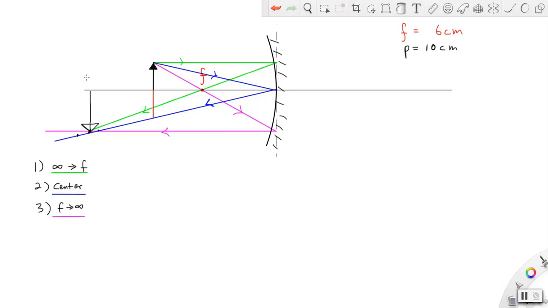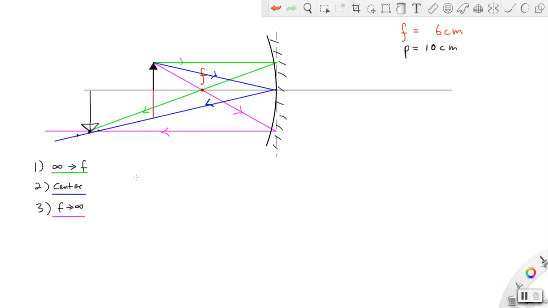Does it have a magnification of greater than 1 or less than 1? So it has a magnification of greater than 1. It is inverted. And is it virtual or real? In this case, since the rays are actually meeting at that point, it's a real image. You can burn leaves with it. If you can burn leaves with it, it's a real image, essentially.